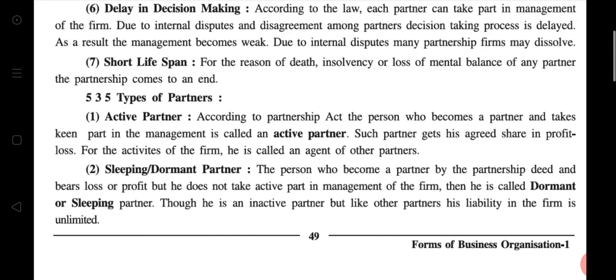So try to make a chart for types of partner, and also for limitations and advantages if you want. But for types of partner, I suggest you please try to make a chart.